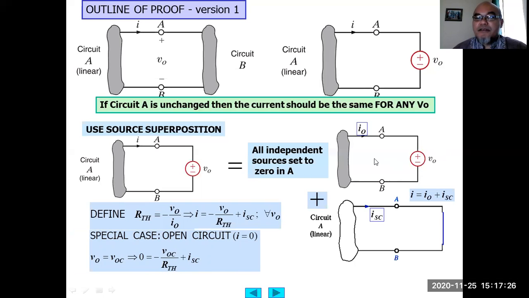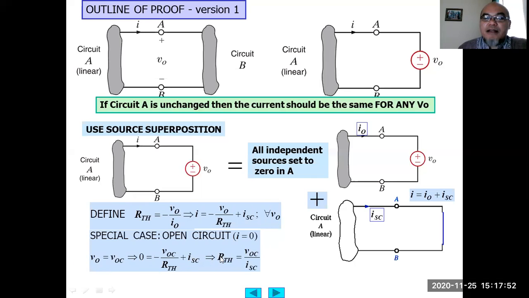The special case is when the circuit is open circuit, when I is 0, so V output across A and B equals the V open circuit. There is no current flowing, I equals 0, so 0 equals negative VOC divided by RTH plus ISC.